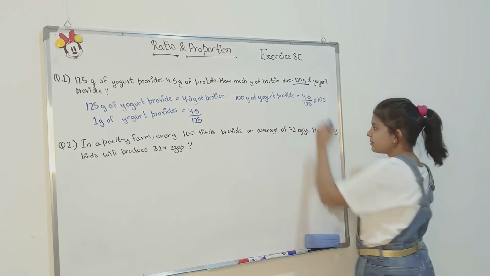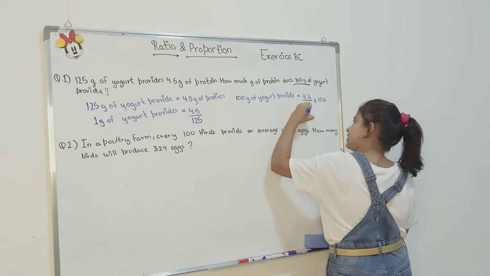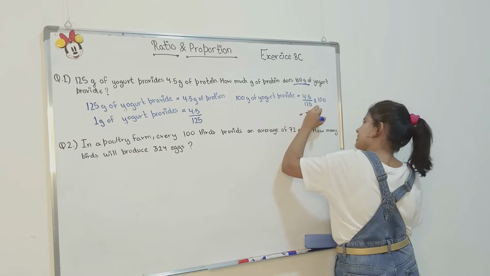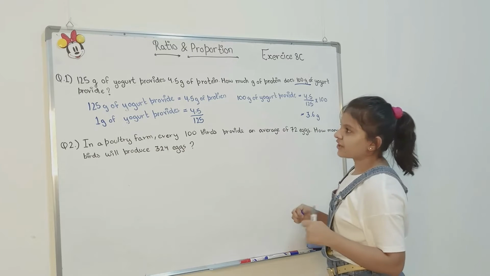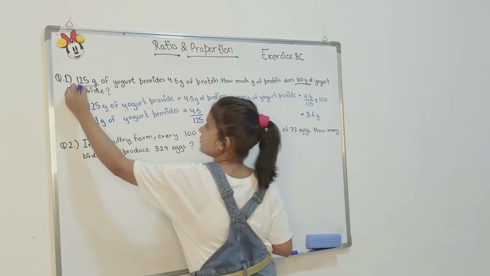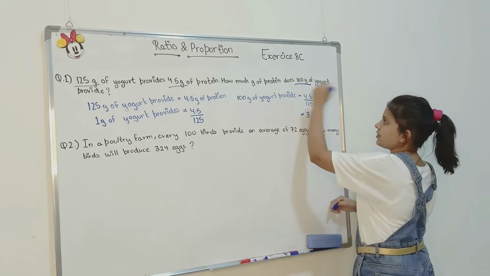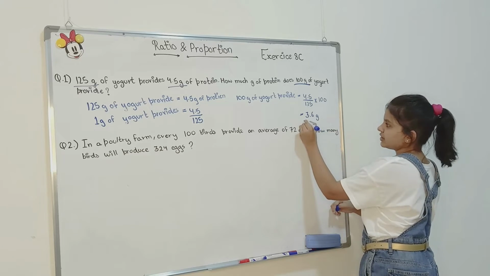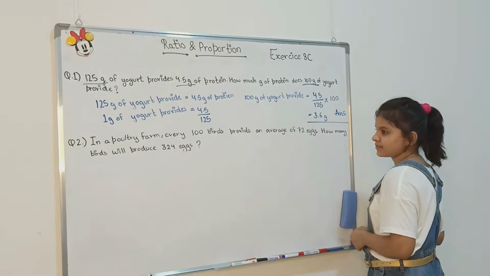After dividing and multiplying, we will get the answer as 3.6 grams. So here in 125 grams of yogurt, we get 4.5 grams of protein. So now in 100 grams of yogurt, we would get 3.6 grams of protein.